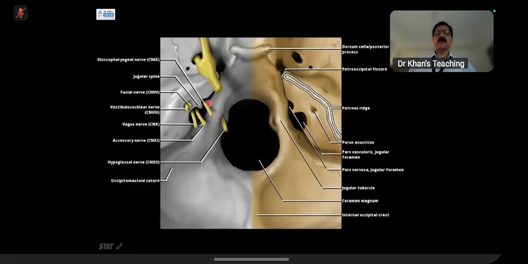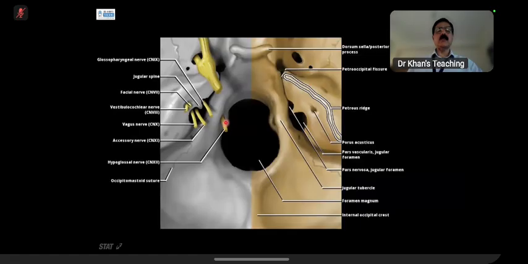You don't have to remember this, but just to add interest, which nerves pass through it, because this is in continuity with the carotid sheath within the neck. So these nerves are passing. Key point to remember is that the 12th nerve, which is the hypoglossal nerve, has got a separate foramen, which is the hypoglossal foramen.